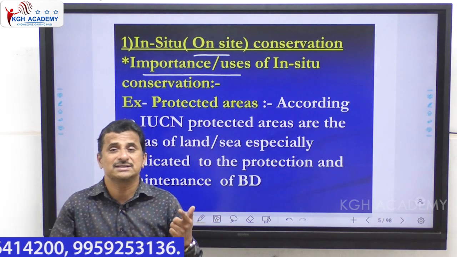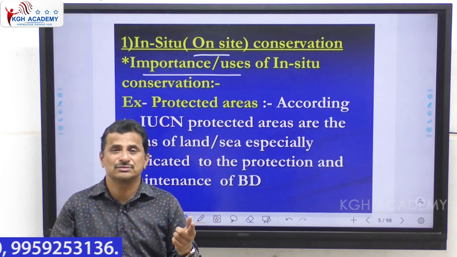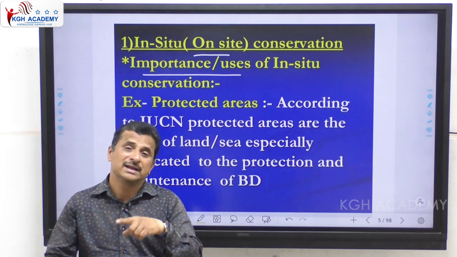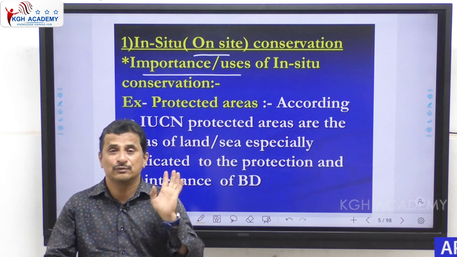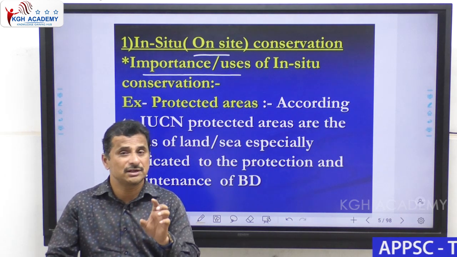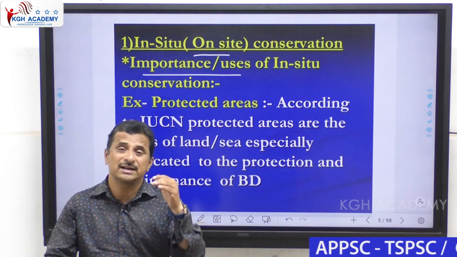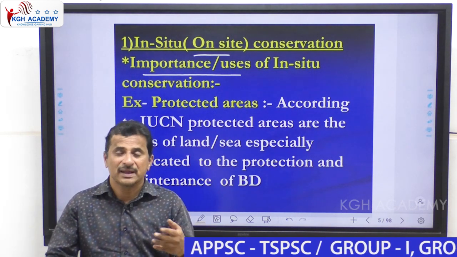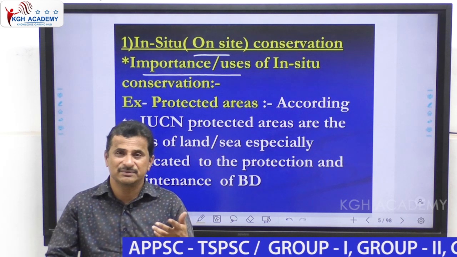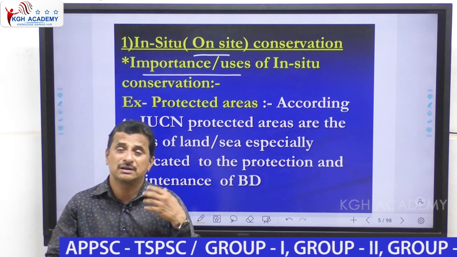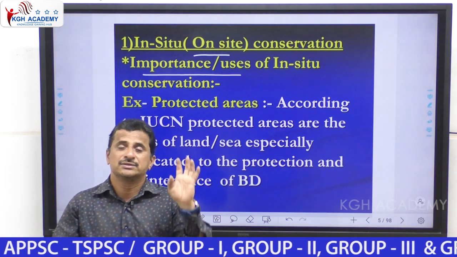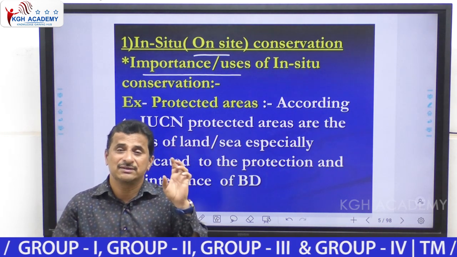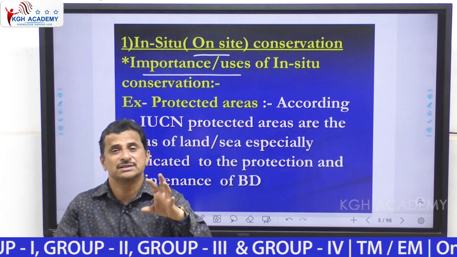So organisms can tolerate environment-related problems and conditions. They adjust to changes in the environment and continue to the next generation. They automatically increase their number, and this is the easy, best, cheap, and most comfortable method. That's why for years scientists and wildlife biologists have been giving preference to in situ conservation.